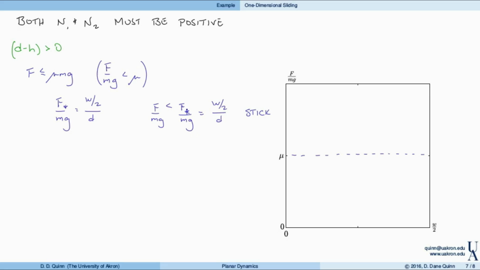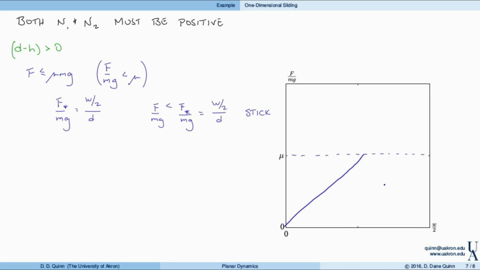So what does that look like? That is going to produce a line like so. This is the value of F star over mg that separates stick from roll. We have to be less than this value, and we have to be less than mu.